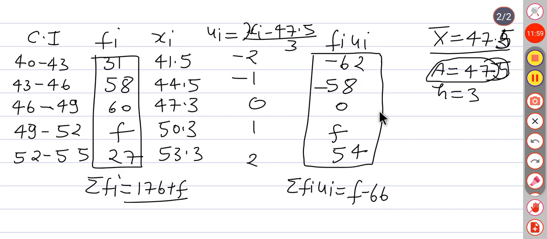If you see the formula, x bar is equal to a plus h upon capital N summation over fi ui.